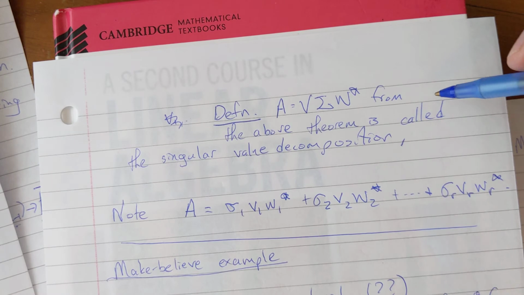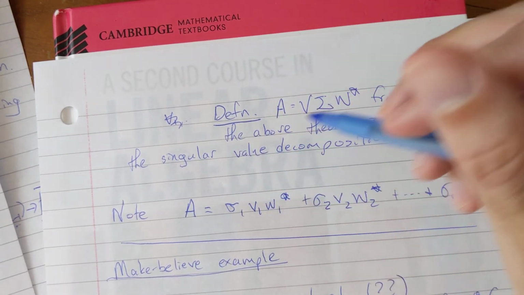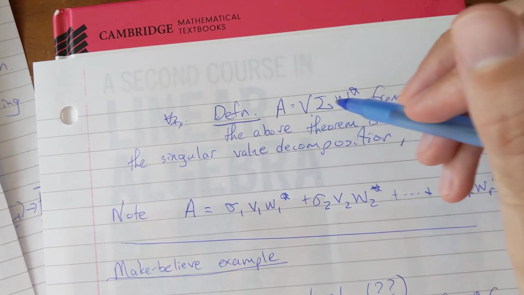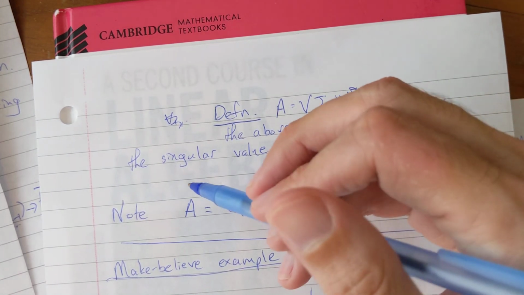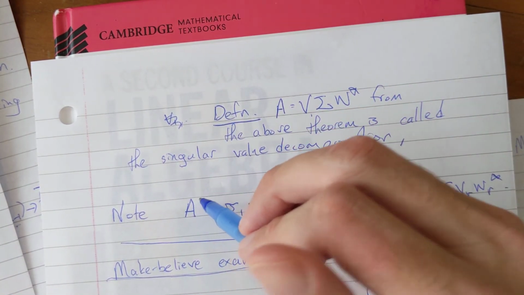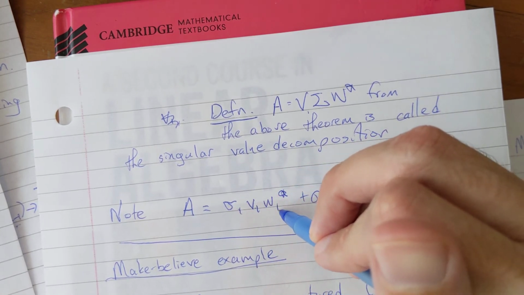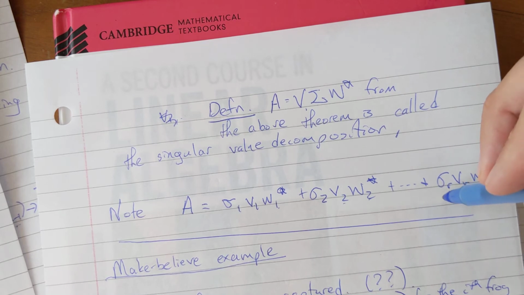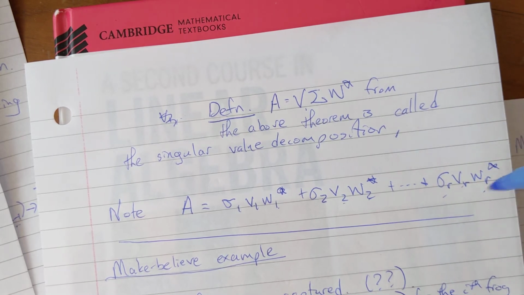And something nice about it is that if you look at the first r columns of V and the first r columns of W, you can write A as sigma 1 times V1 W1 star, sigma 2 times V2 W2 star, all the way down to sigma r times Vr Wr star.